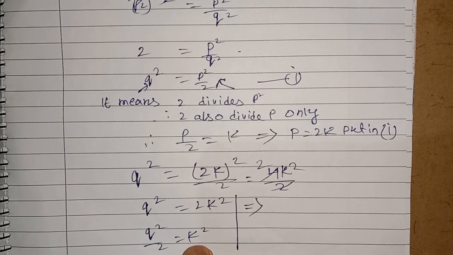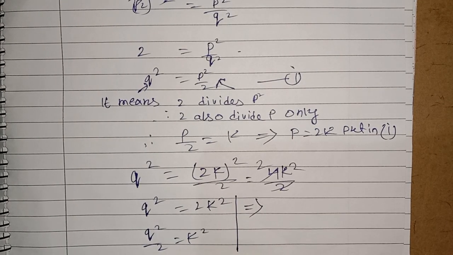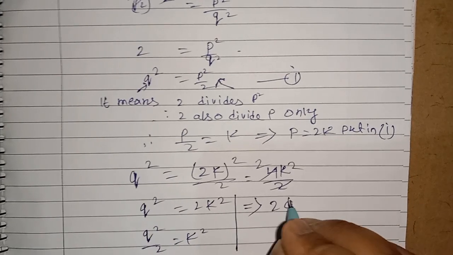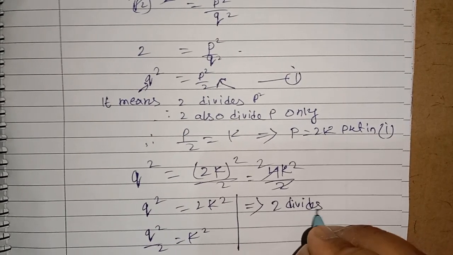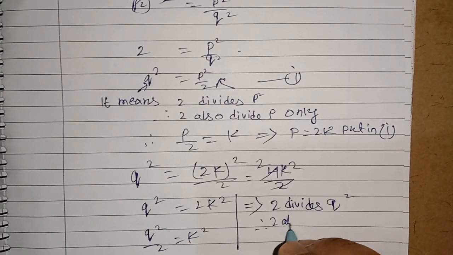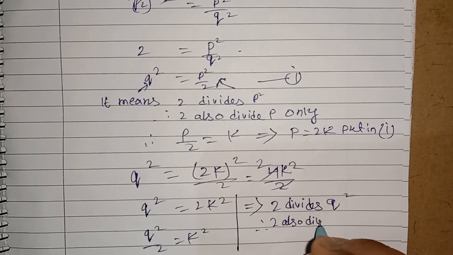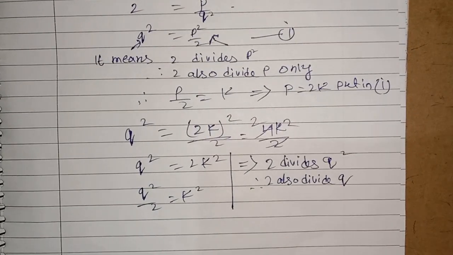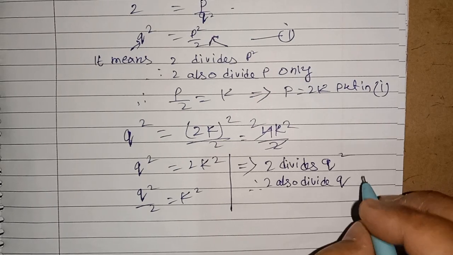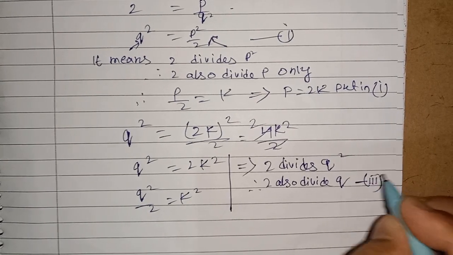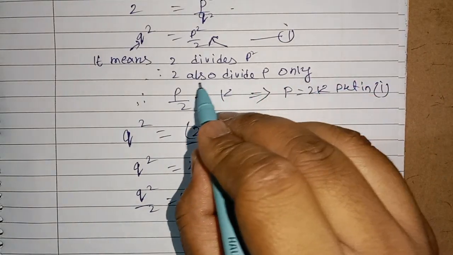Now the left hand side must be an integer, so it means 2 divides q squared. Therefore, 2 also divides q. Okay, so from statement number 3 and statement number 2, 2 also divides q.